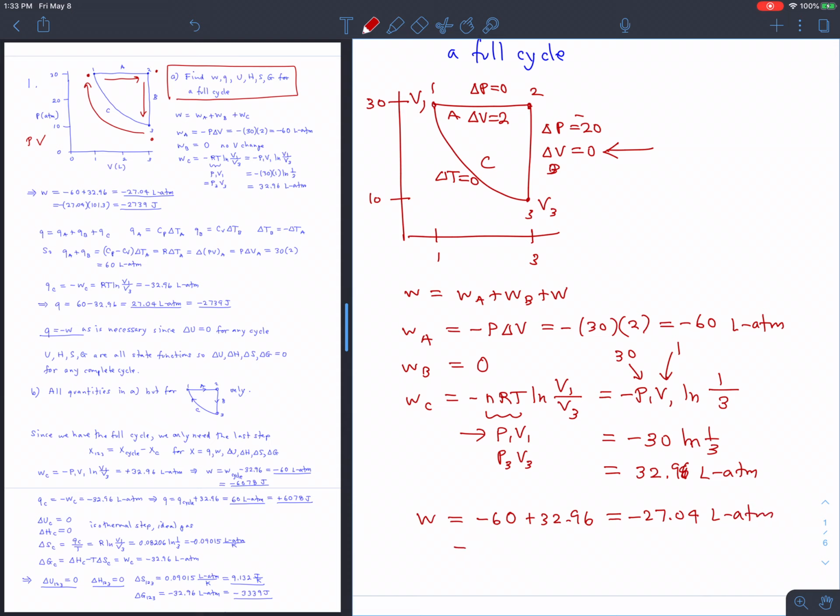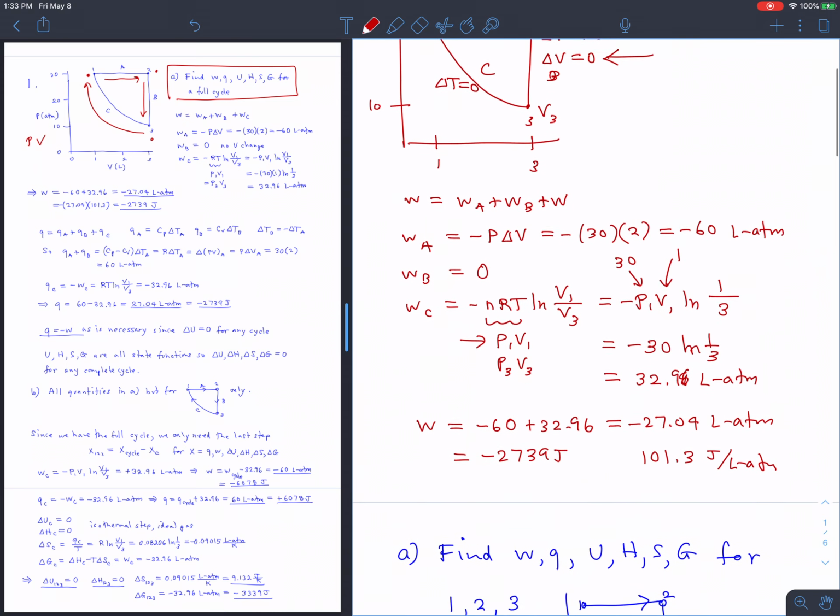And now finally I convert that to joules, and it turns out to be minus 2739 joules. So the conversion factor is 101.3 joules per liter atmosphere. All right, that's the work.